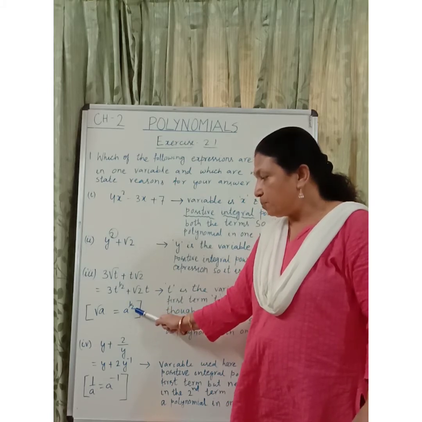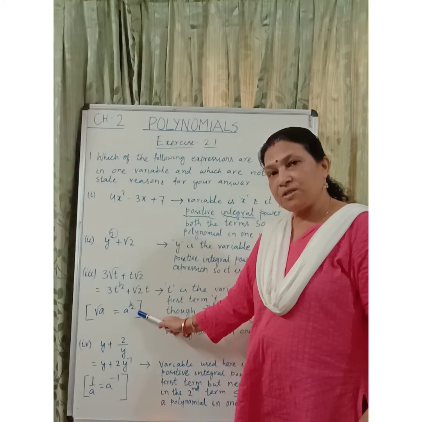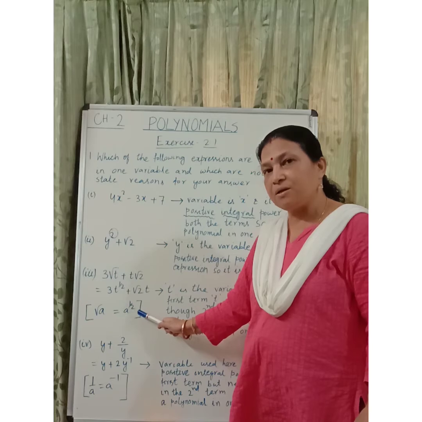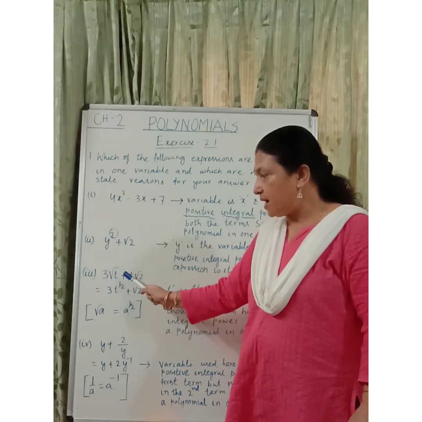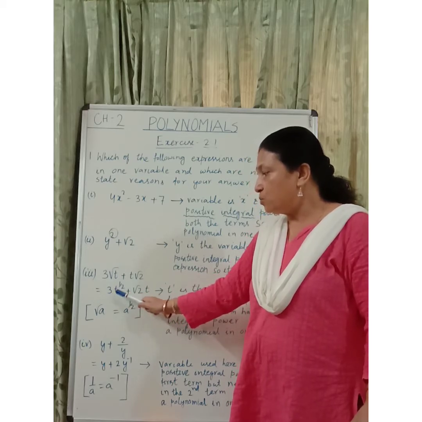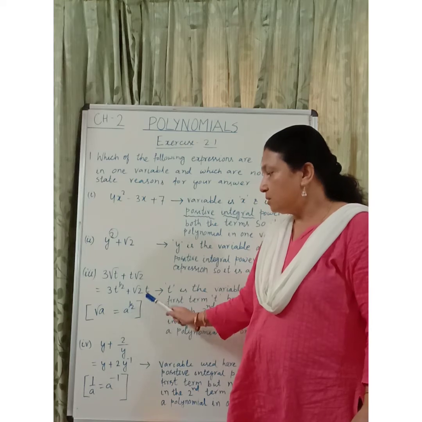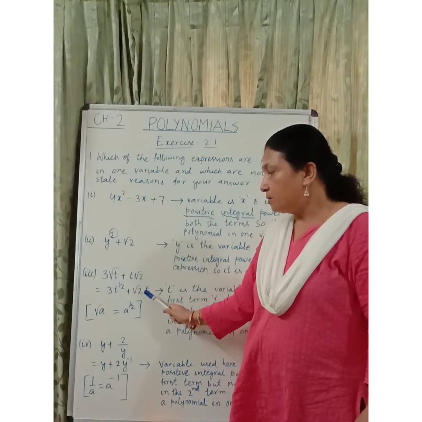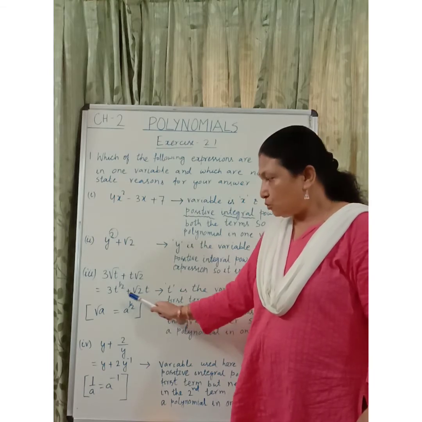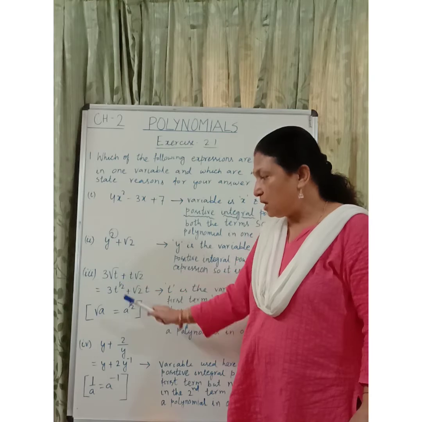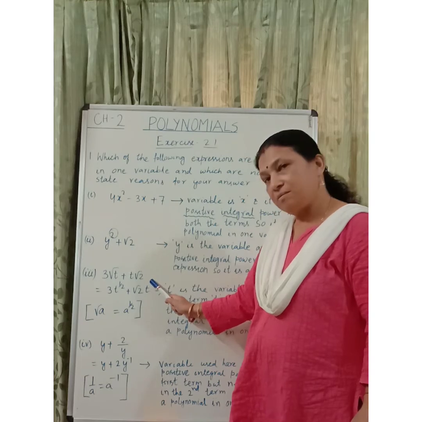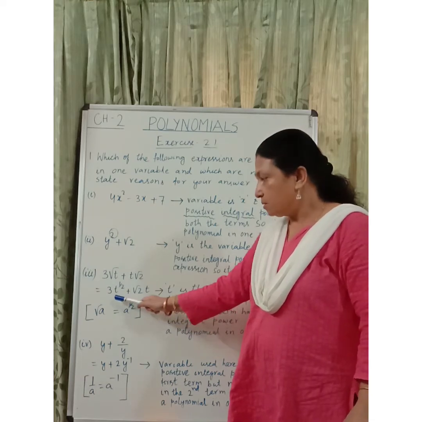You can see the power here is not a positive integral power. It is positive but not a whole number. So how can we rewrite the same expression? That is 3t to the power half plus root 2t. Root 2 is the irrational number, then t is the variable. So here t has the fractional power and in the second term we have t as power 1.